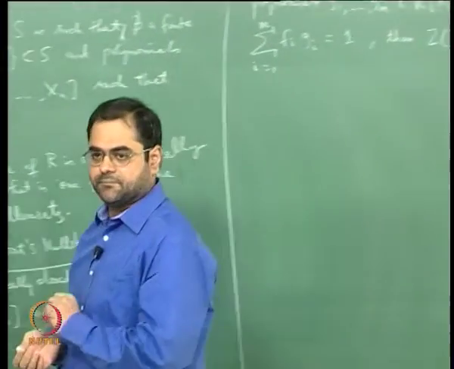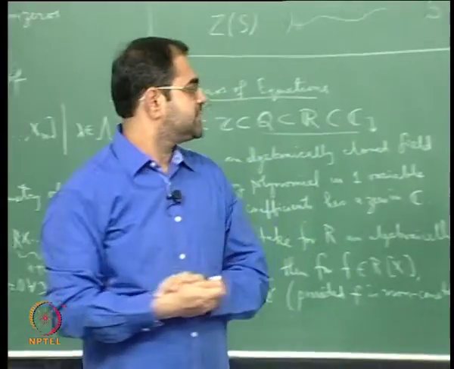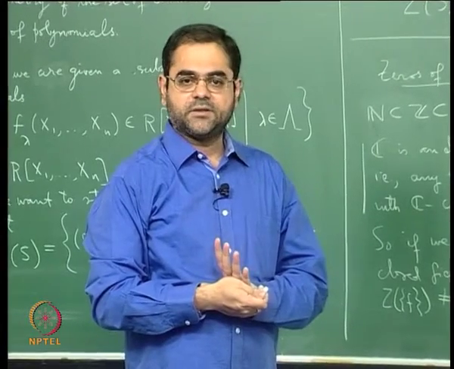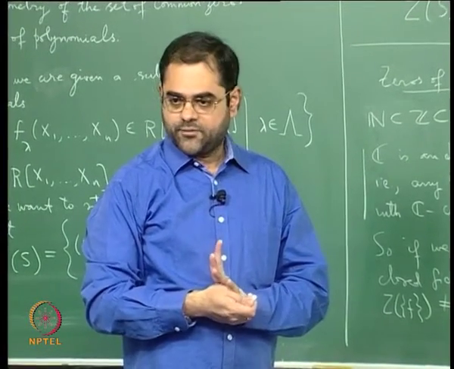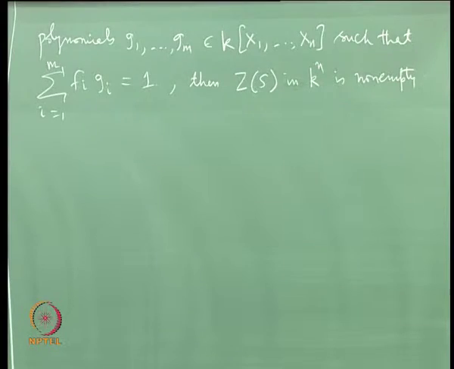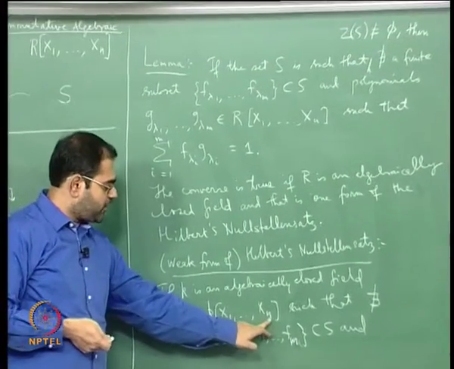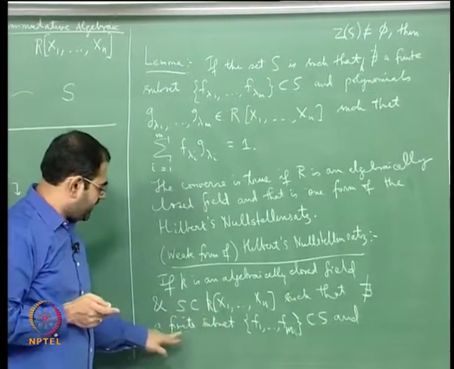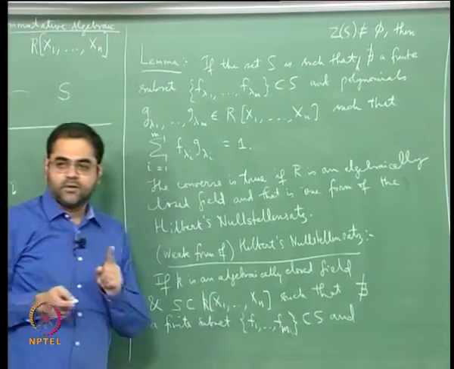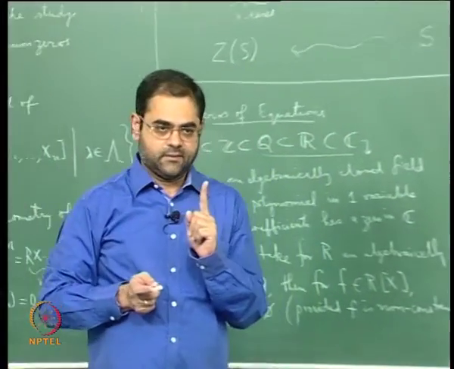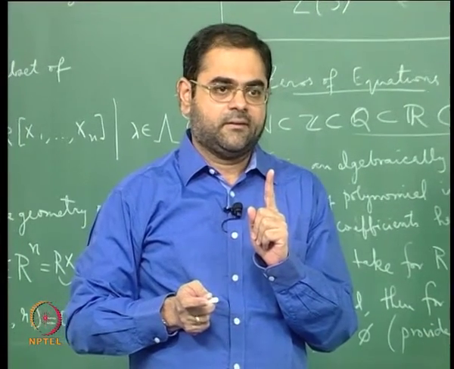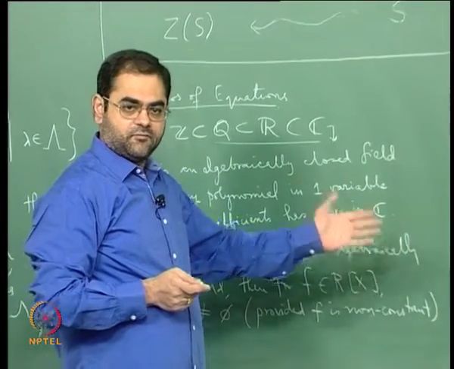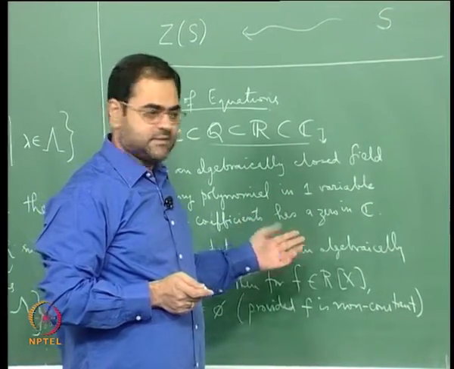You can find solutions. What you must understand is that the Hilbert Nullstellensatz is a grand generalization of the property of being algebraically closed. If I put small n equal to 1, then I am looking at polynomials only in one variable, and if I take the subset S to be a singleton set, then this statement is obviously true for an algebraically closed field.